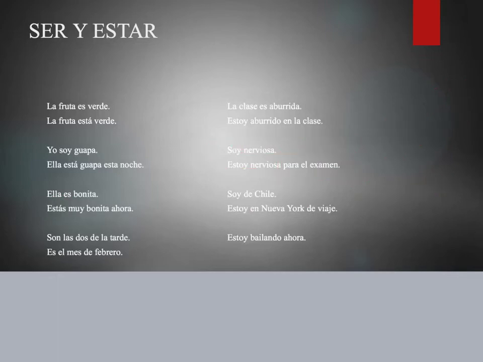And let's just take one more look at one more example here. So, la clase es aburrida versus estoy aburrido en la clase. Here we have, I'm describing the class. So, la clase es, and aburrido o aburrida significa boring. So here I have the class is boring. Okay, so here I'm describing the class. It's a description of the class that I'm in. La clase es aburrida. Hopefully this one isn't.